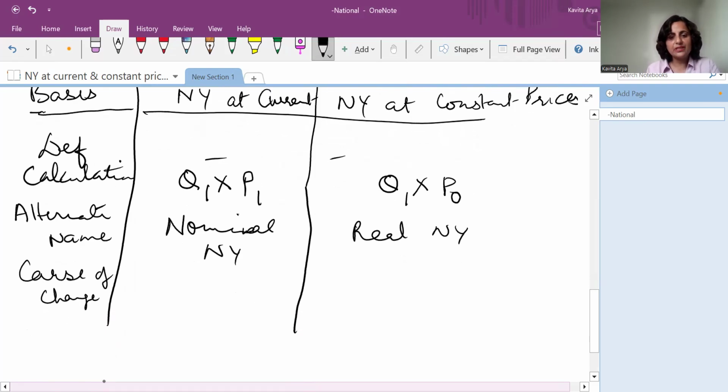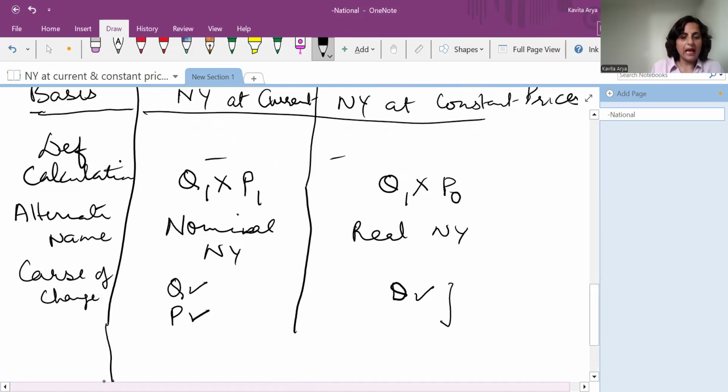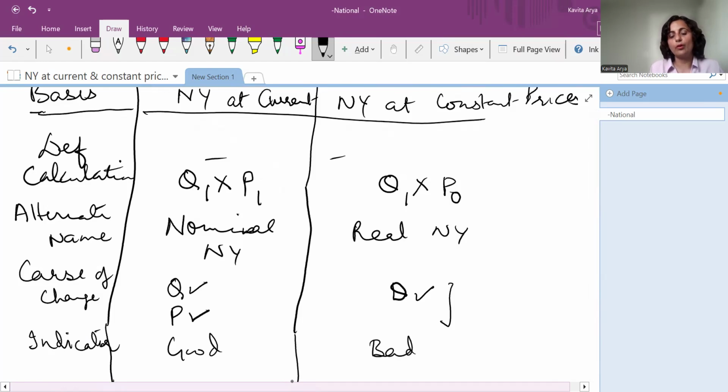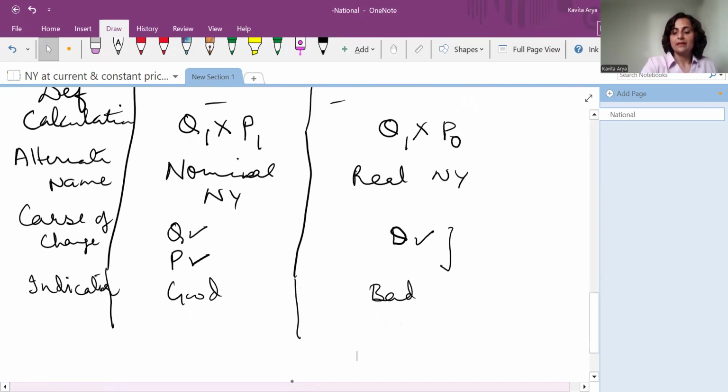This national income changes with change in quantity as well as change in the prices. But this national income changes with only the change in the quantity, because we have taken the constant prices here. And which is the good indicator? This is a bad indicator and this is a good indicator of economic progress.